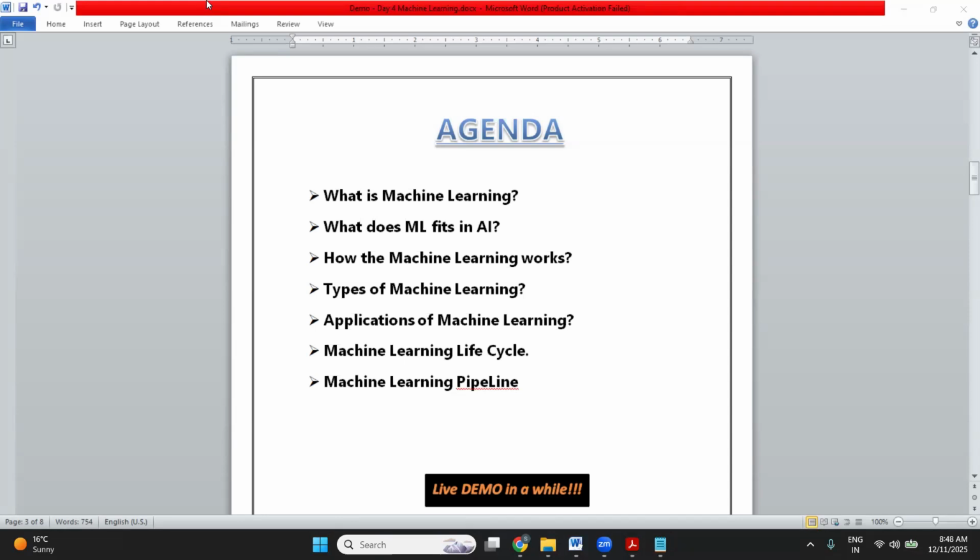Anything else? See, for example, if you try to apply for a loan, loan is a very good example again. As soon as you apply for a loan, there will be n number of factors that the bank will use to decide whether a loan will be provided to you or not, right? For a business person, there will be a certain number of parameters.